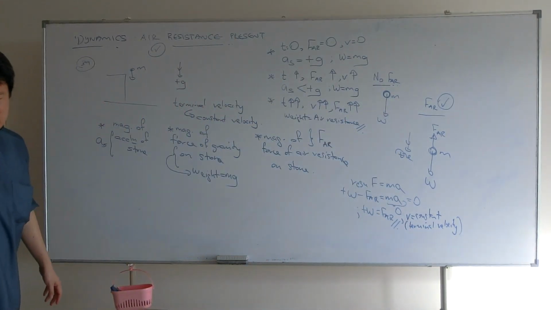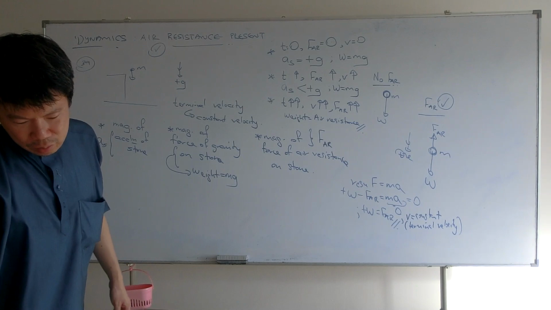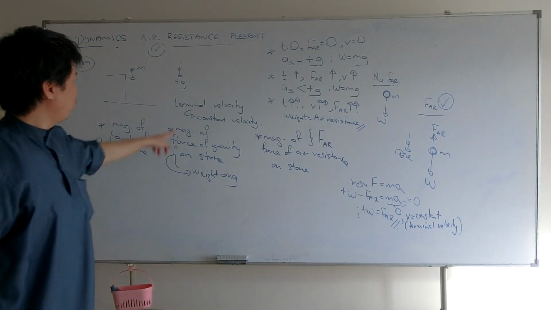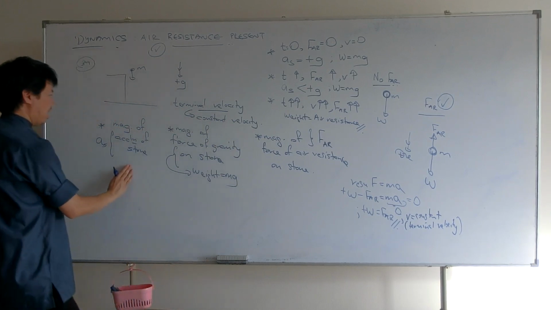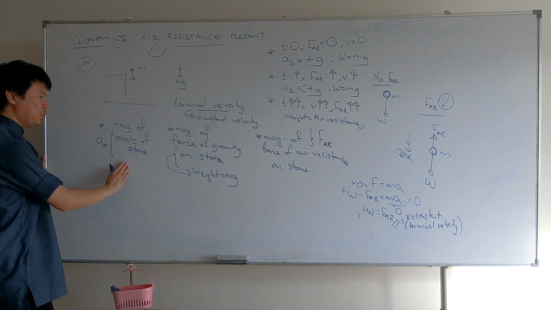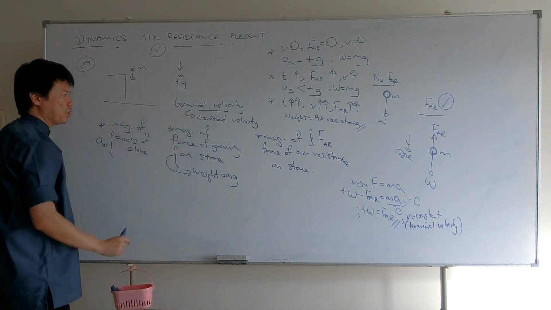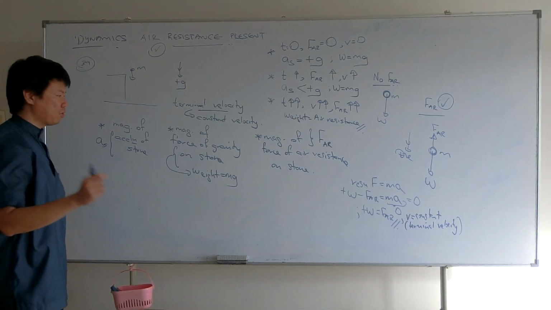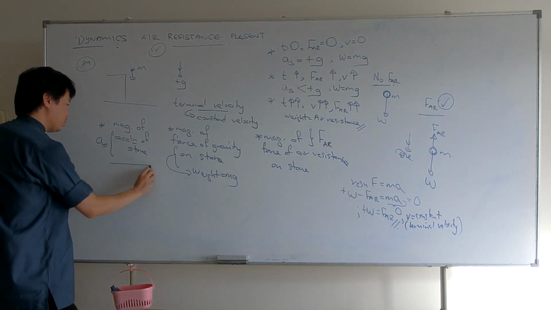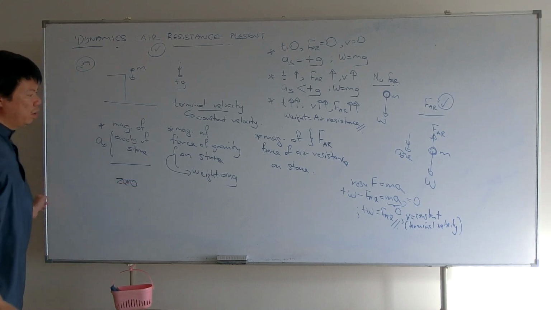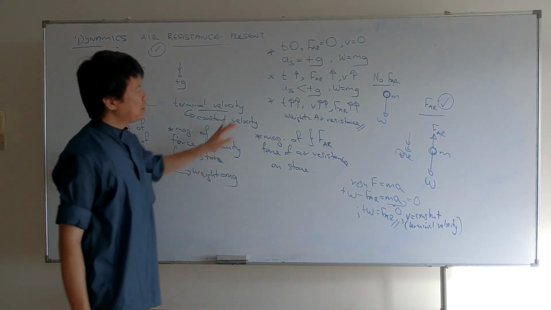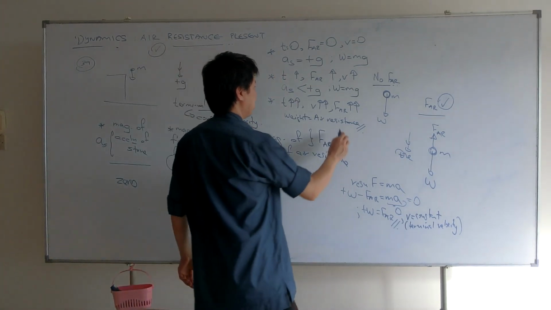So let's go back to this question. What are the values that will occur when you reach terminal velocity? Acceleration of stone: because terminal velocity means constant velocity, and constant velocity means acceleration cannot exist. So this part, acceleration will be 0. Trick question, what happens in all these cases?